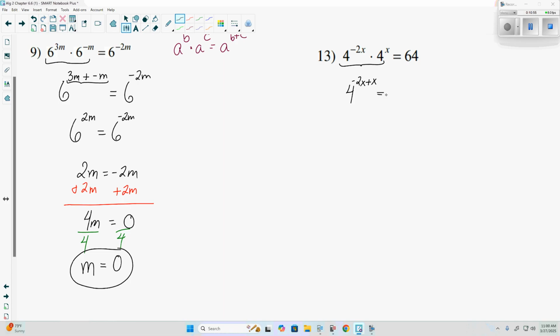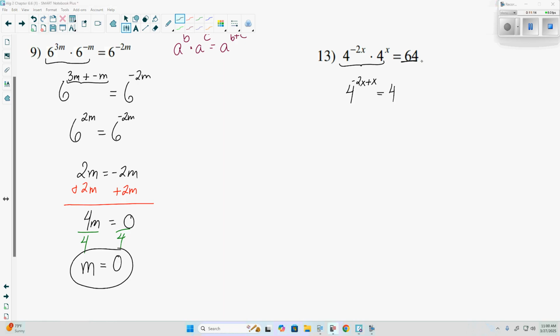However, 64 is not a like base with 4, is it? It'd be nice if we could rewrite 64 as 4 to a power. Is there an exponent we can put 4 to that gives us 64?